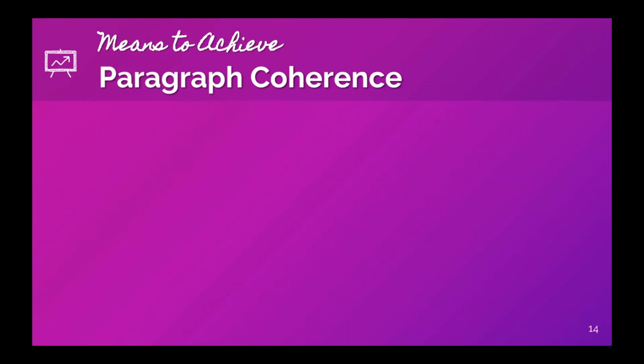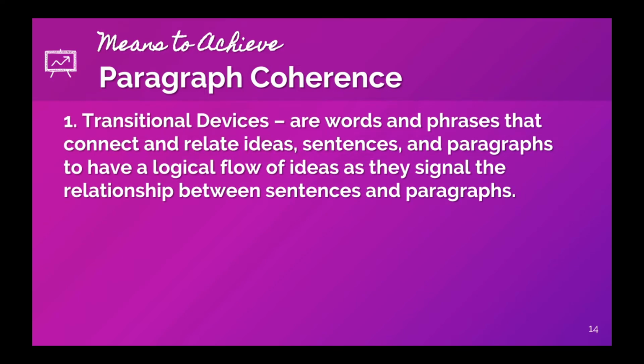Now let's talk about means to achieve paragraph coherence. Means here means ways, strategies, techniques. So we are talking about techniques to achieve paragraph coherence. First is the use of transitional devices. Transitional, from the word transition. Transition means transferring from one to another one.